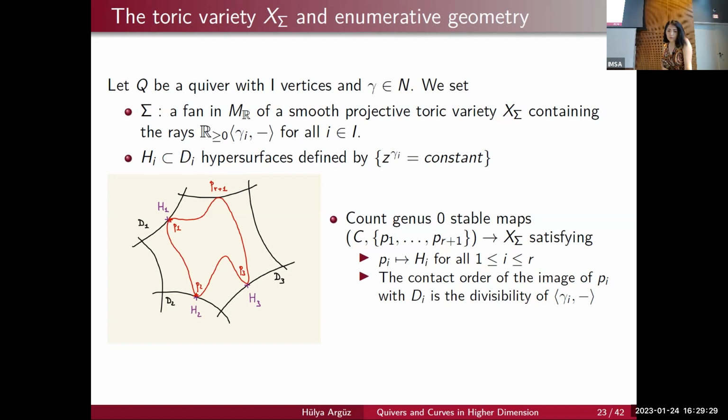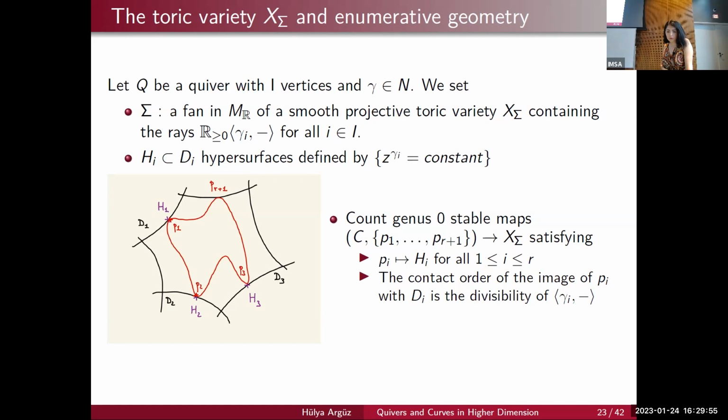We define the hypersurface by the equation z to the gamma_i equal to some constant. And then the kind of curves we are looking at are genus 0 stable maps from C, where C is a nodal rational curve with marked points p_1 to p_{r+1}, to the toric variety Sigma.